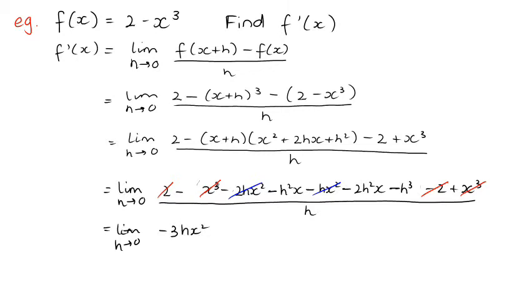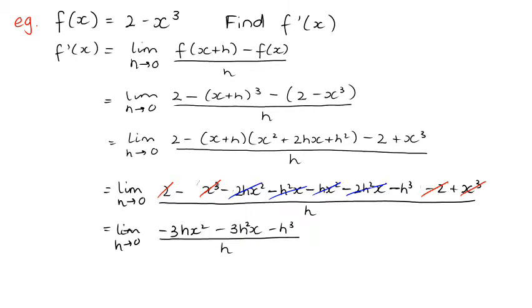This one and this one make negative 3h squared x and minus h cubed. I like to cross out each term as I simplify it just to make sure I've covered every term, because you don't want to accidentally leave one and not rewrite it in the next line.